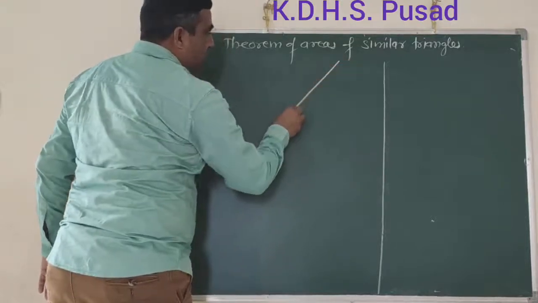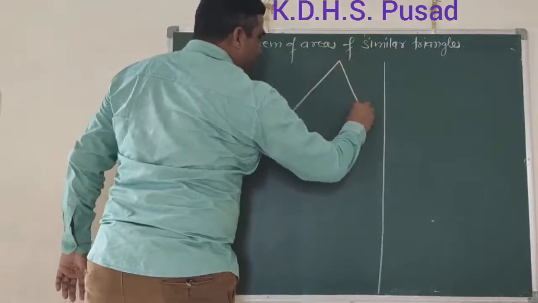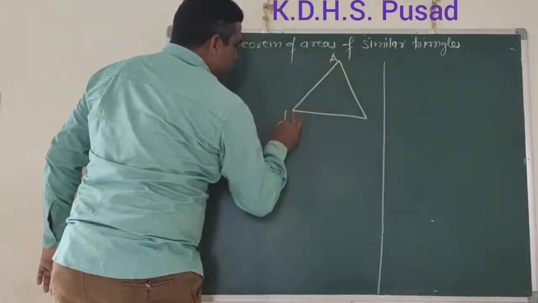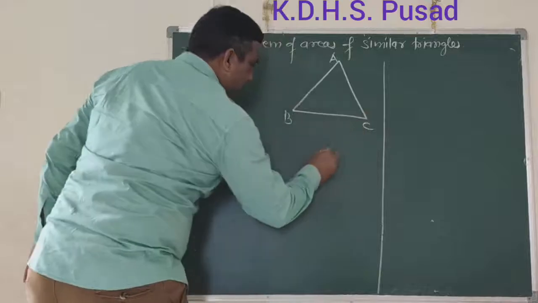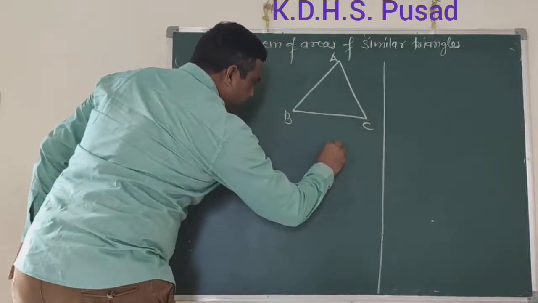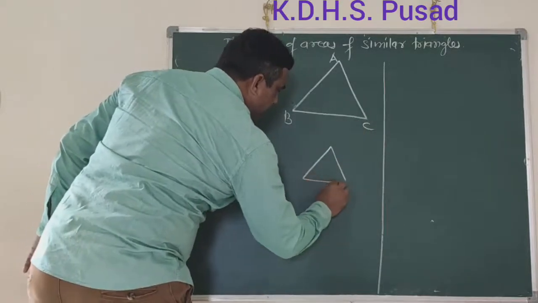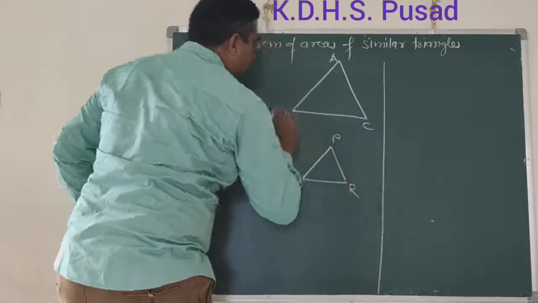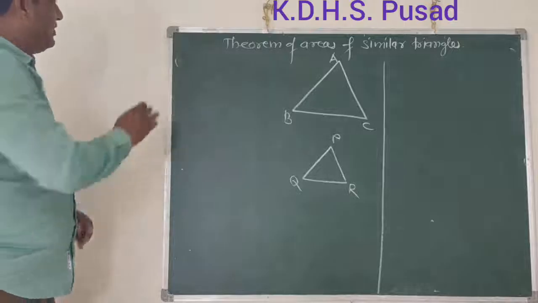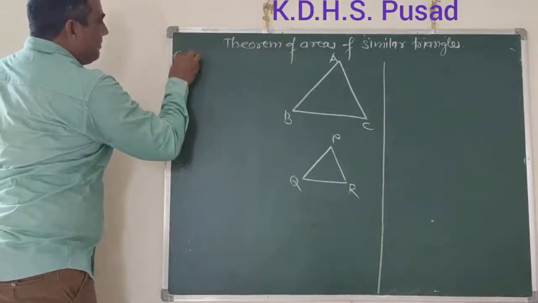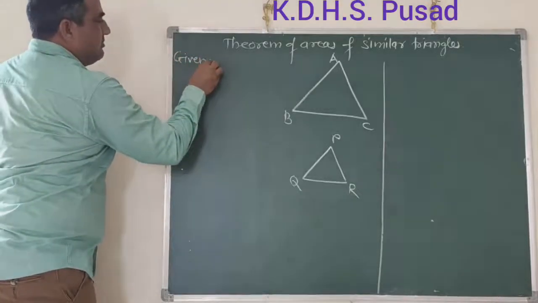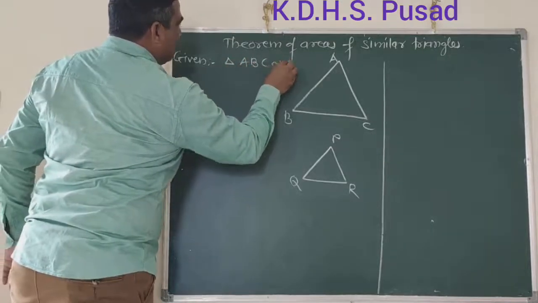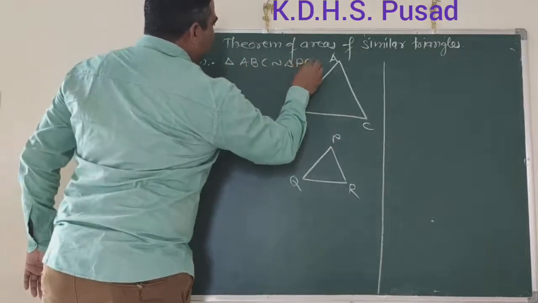So here, first of all, triangle ABC, and second triangle PQR. Okay, so I have drawn two triangles. Now here, first of all, we mention the given: triangle ABC similar to triangle PQR.